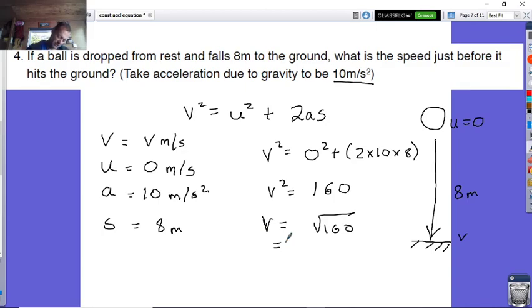Root 160, calculator don't fall on the floor, is going to be 12.649. So you get 12.649 meters per second, but don't quote it to that number of decimal places, because here I would actually be happy with you writing down 12.6 meters per second.